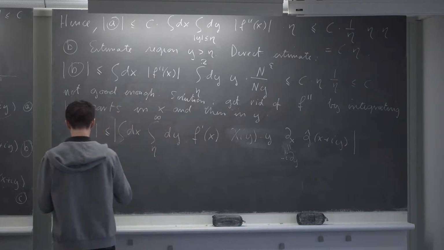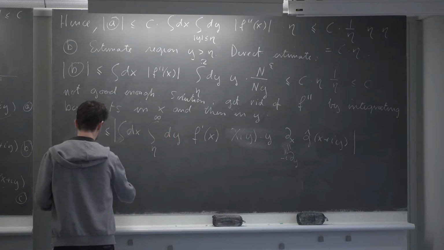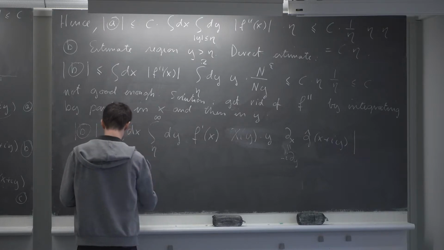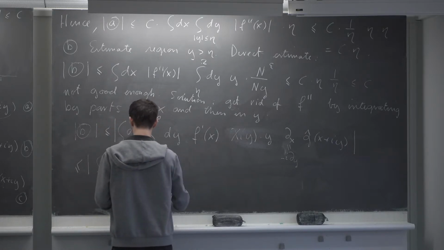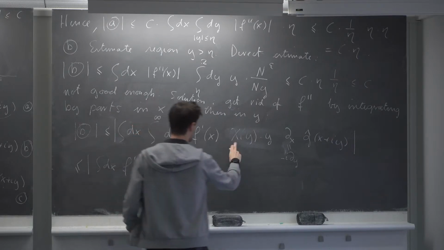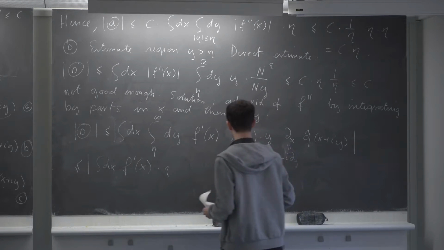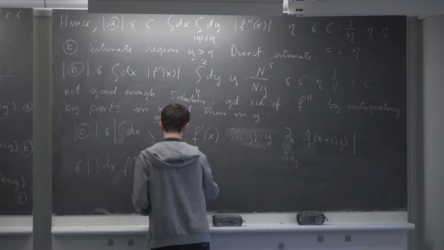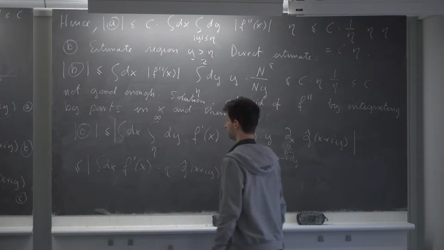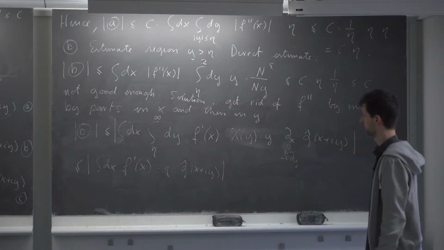So let me start with that one. I have f prime of x times eta, chi of eta is equal to 1, and I have g hat of x plus iy. Okay, that's the boundary term.